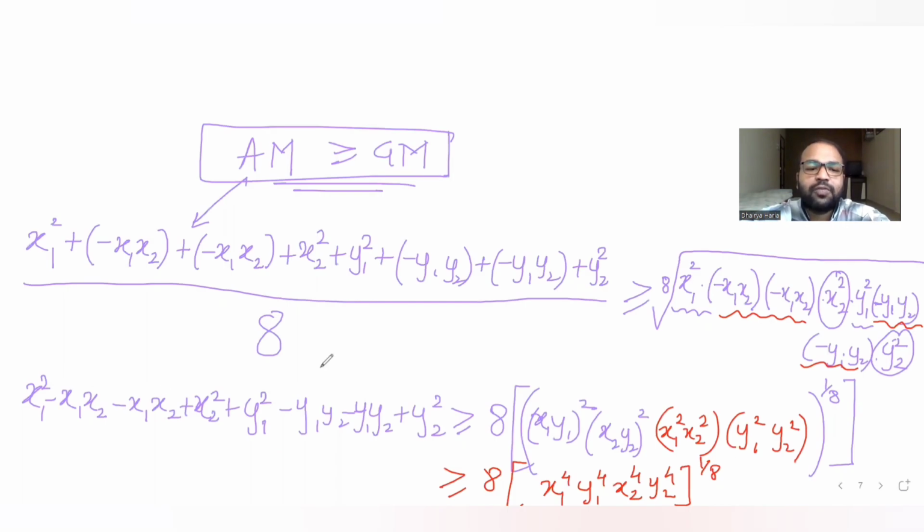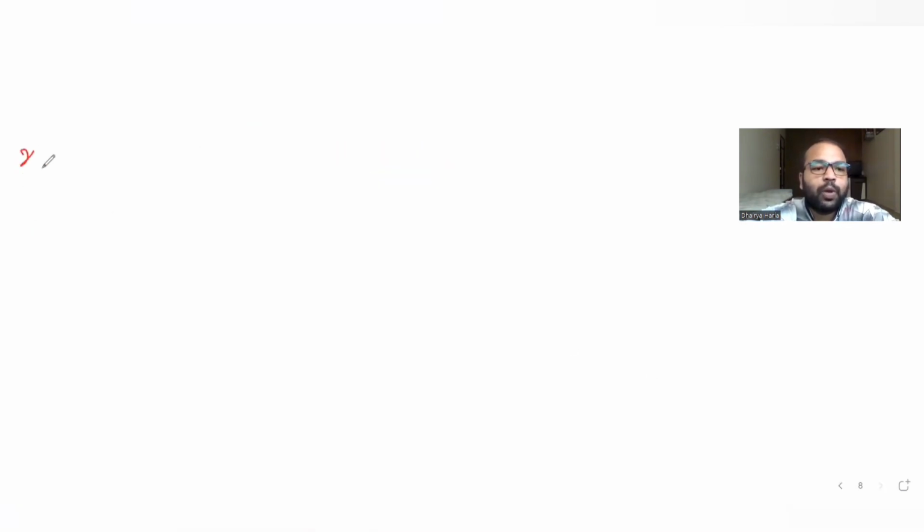So if I need to figure out the value of the expression which is given to us, we have x1 squared minus x1 into x2 minus x1 into x2 plus x2 squared plus y1 squared minus y1 into y2 minus y1 into y2 plus y2 squared.